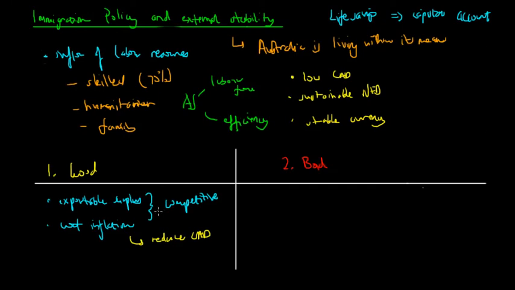So by increasing our productive potential, we have more to export, and therefore we can cut down prices, and so overseas residents will tend to import from Australia more. We export more, and as a result our current account deficit will decrease. That is, by theory, how immigration policy can improve our external stability.